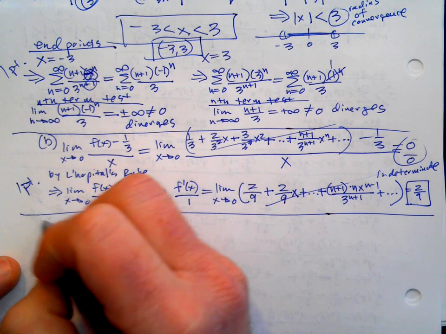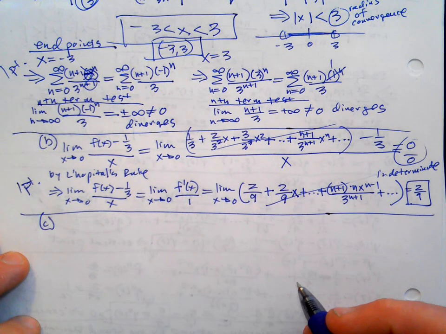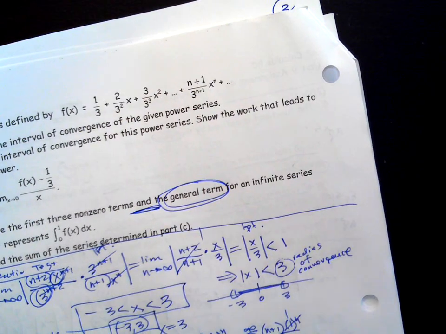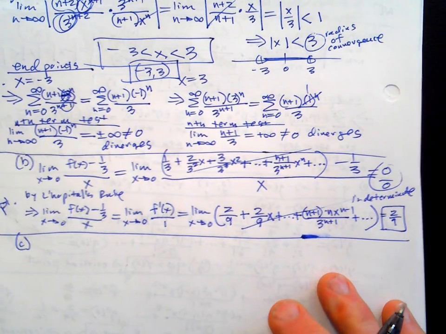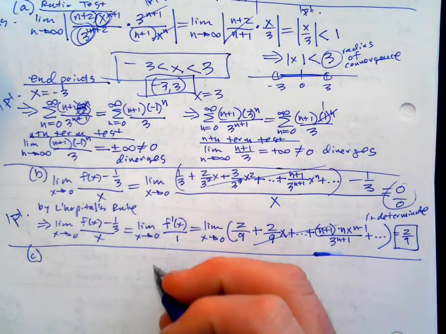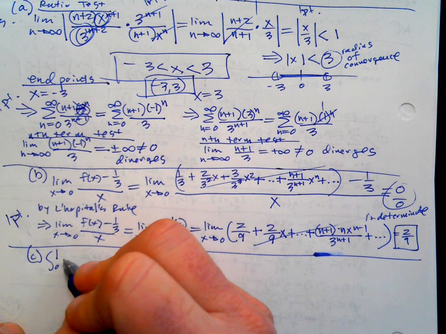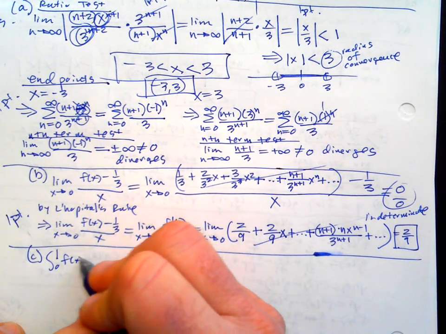Part C says write the first 3 non-zero terms and the general term. People just don't write it. For an infinite series that represents that. So let's write that down. The integral from 0 to 1 of f(x) dx.